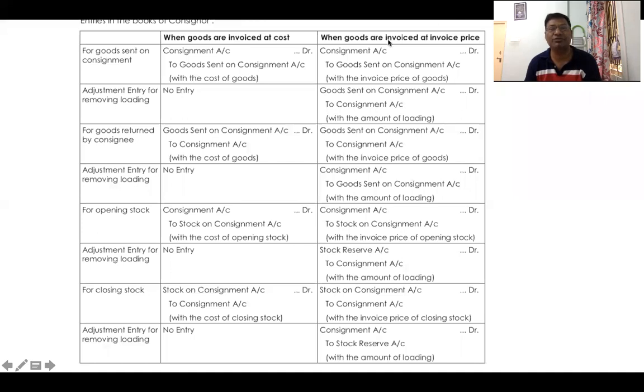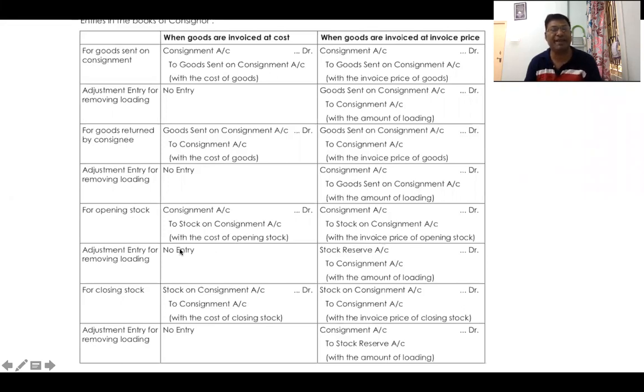But when goods are sent at invoice price, then you have to give an adjustment entry: consignment account debit to goods sent on consignment account with the amount of profit loaded on the goods returned by the consignee. And for the opening stock, consignment to stock on consignment, it is the same here.